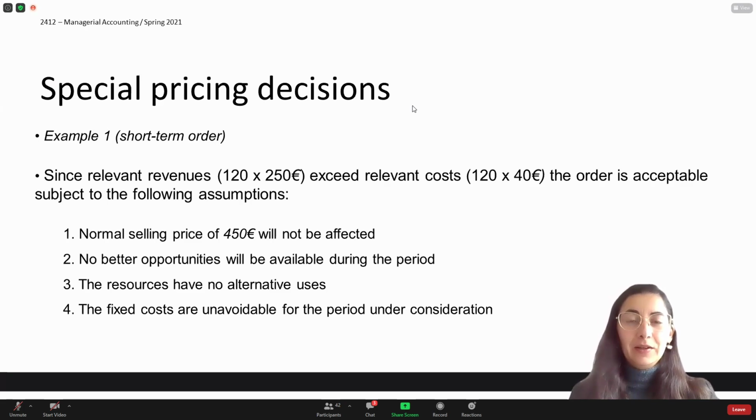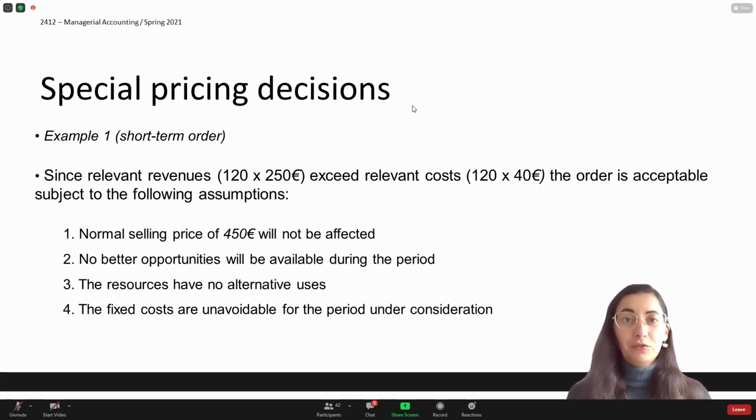Questions on these? So it might seem a little bit counterintuitive at first. That is why the concepts of relevant costs and relevant revenues are important, because at first we will think, no, we should not accept this. We have a total cost of 300 and they're only paying 250.